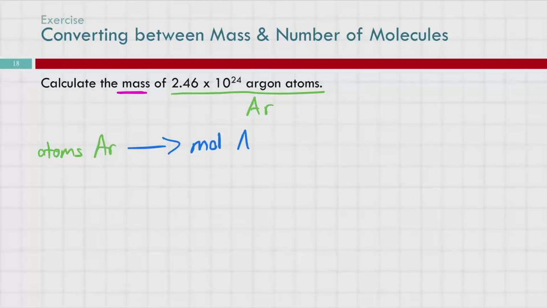So we can get to moles of argon. And where can we go from moles? We can use molar mass, and that will get us to grams of argon. Basically, right now, with where we are in the class, for moles, we can either change moles to atoms, or we can change moles to grams.